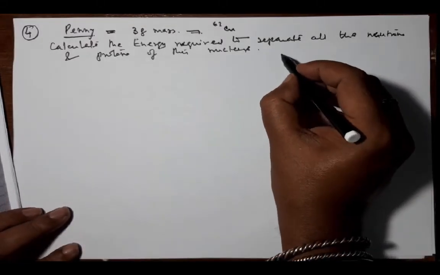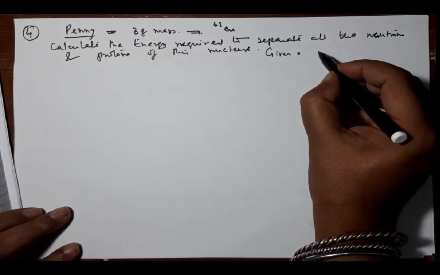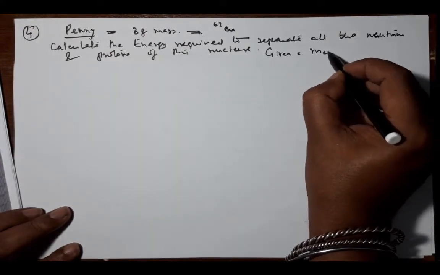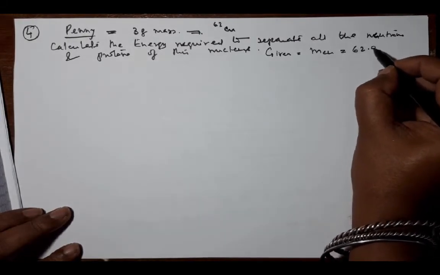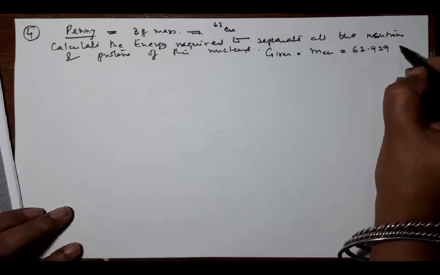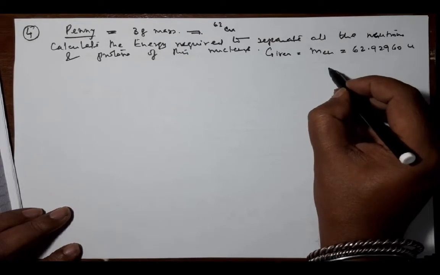What is given is the mass of copper, which is nothing but 62.92960 AMU.